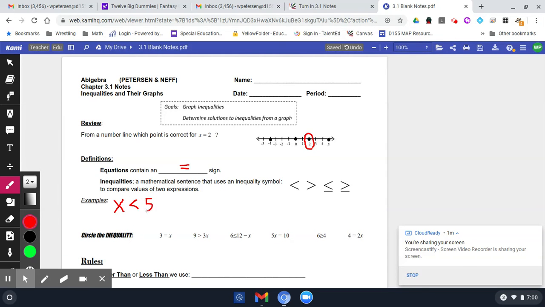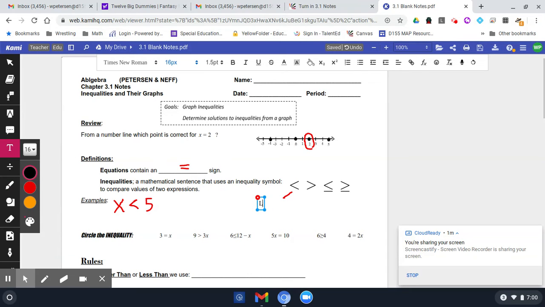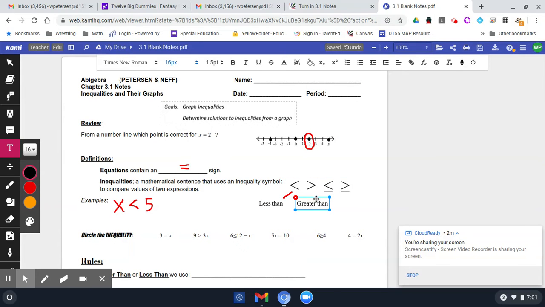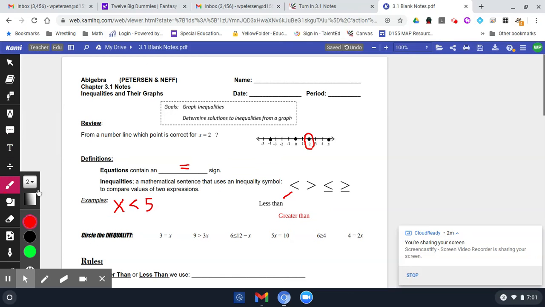So for this guy, that's technically called our less than symbol. Where the next box would be considered our greater than. So we have greater than.